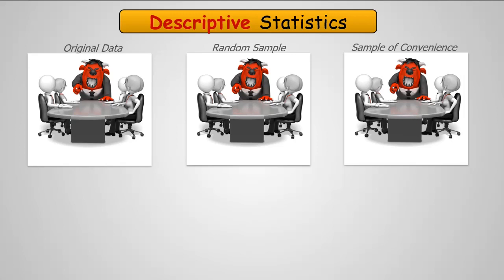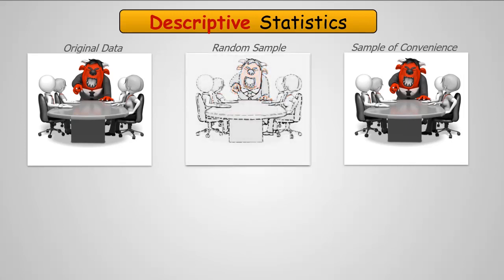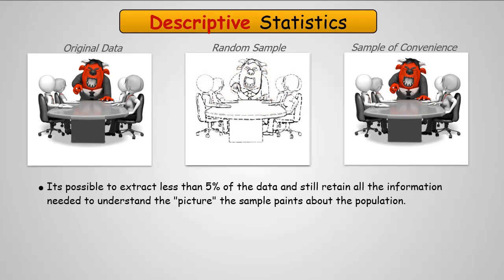Take a look at this original picture here on the left. This is too much information that I want to carry. What I represent here in the center square is a random sample. It is possible to extract less than 5% of the data from the original picture, just 5% of the pixels, and I can still carry enough information that I can see and understand what the original picture was.